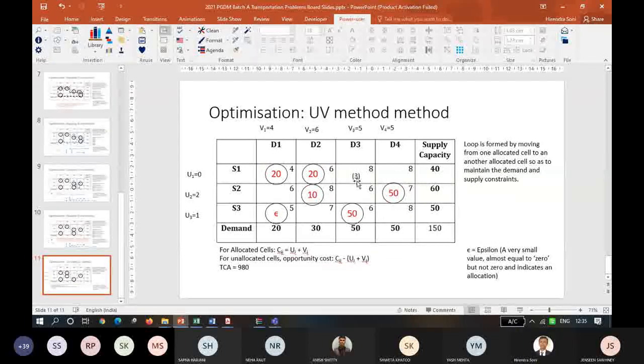Anyway, I'll check that. एक मिनट, let me check the values for U and V. I think कहीं कुछ गड़बड़ ना हो.